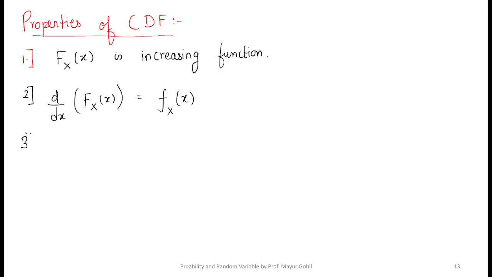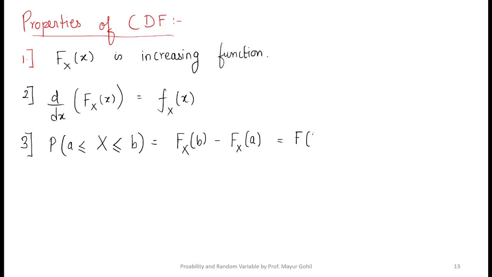This is a very important property according to me. The second and third ones, which are always helpful in advanced calculations: P of A less than X less than B is equivalent to F of B minus F of A. So generally people write this as F(B) minus F(A).